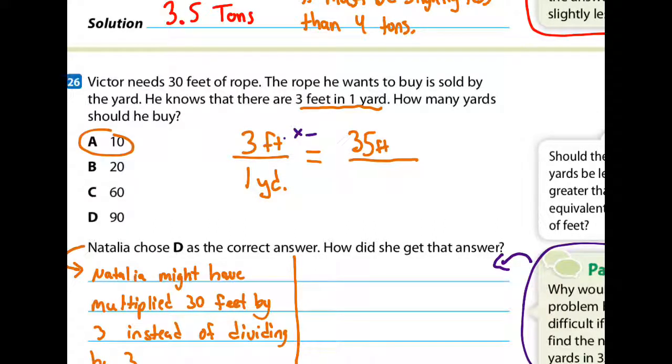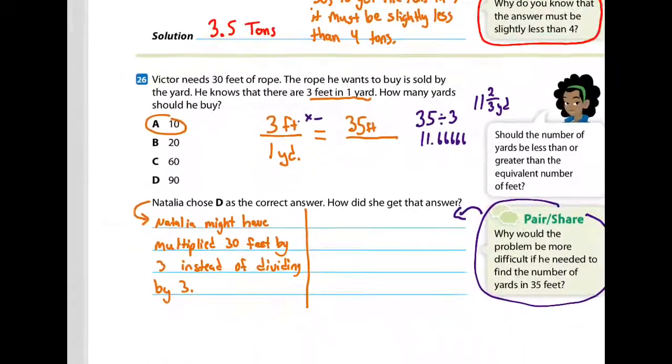Now, if you do 35 divided by 3, you can still get your answer. Now, if you type that into the calculator, you're going to get a repeating decimal. You're going to get 11.6 repeating. But the answer is, as a fraction, 11 2/3 yards. So you can see it's a lot more complicated.